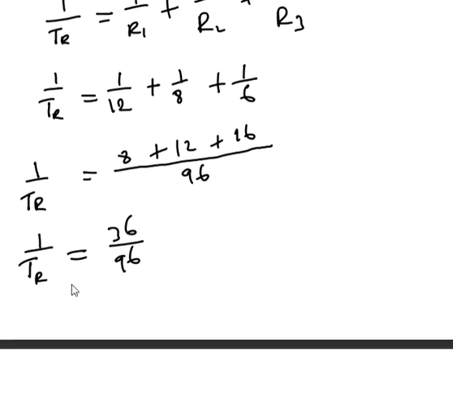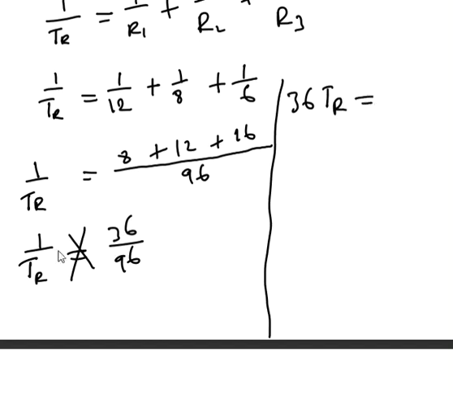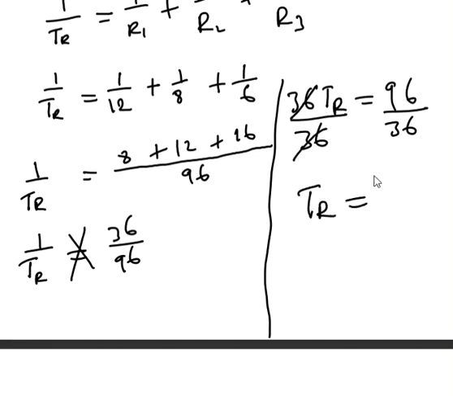So after reaching this step, timangopanga cross multiplication. That total resistance times 36 is equal to 1 times 96, that is 96. Then tingopanga divide both sides by 36. Ndeti total resistance is equal to, tikapanga divide, we get 2.7 ohms.